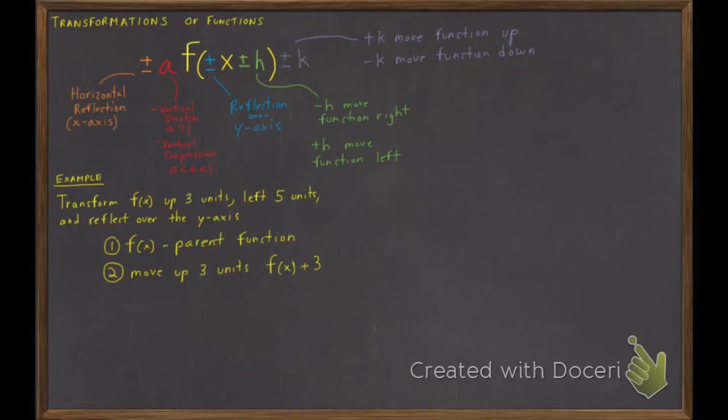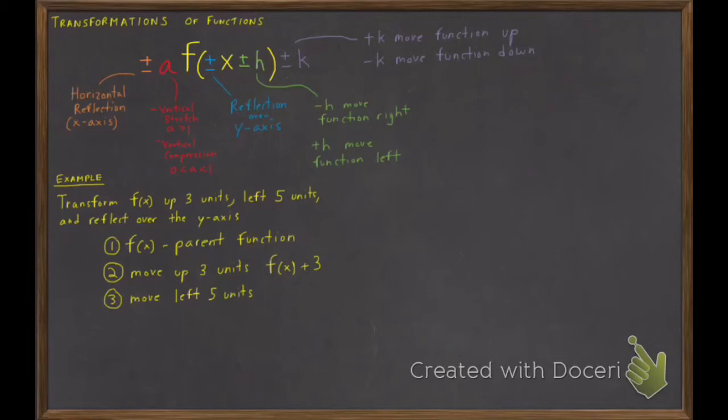Alright, so for our next step, step 3, we will be moving our function left 5 units. We are now going to be working with our f of x plus 3. And to move left, we have to use what parameter? Well, it's the parameter h. It's adding or subtracting a value from our x.